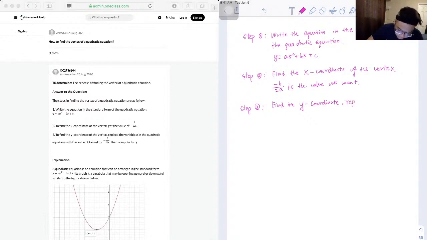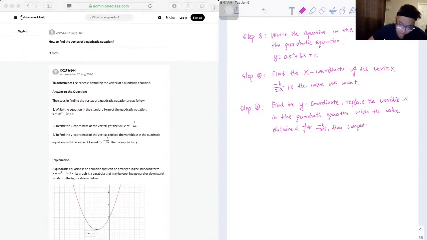We just need to replace the variable x in the quadratic equation with the value obtained for negative b over 2a, then compute y.